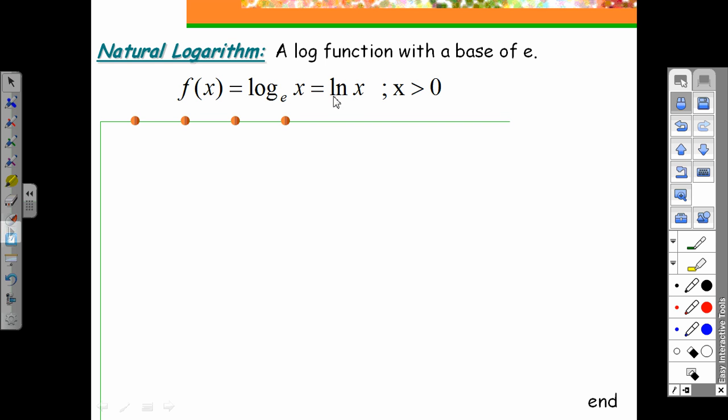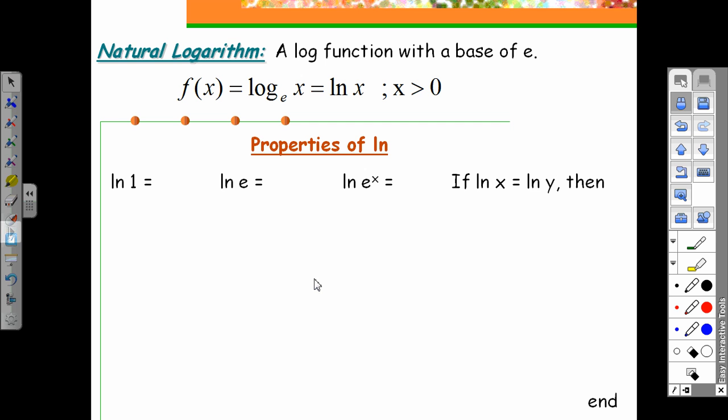So the natural log of x, okay, and our restriction is that x has to be positive. Now this is just a notation that's going to throw you off, so just really try not to let that throw you off, okay? So let's look at our properties.